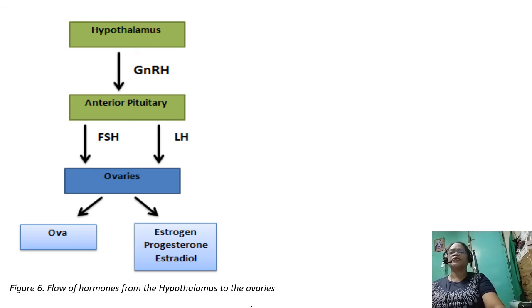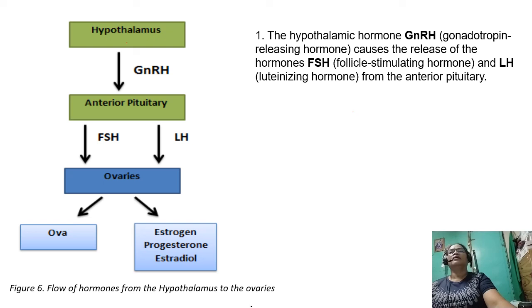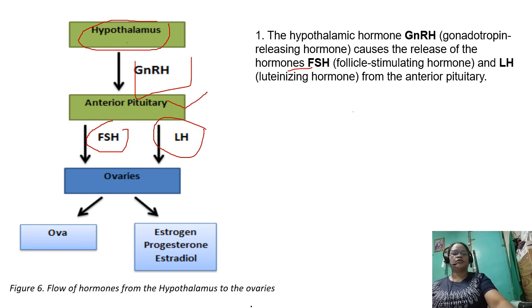Let's look at figure number 6, which is the flow of hormones from the hypothalamus to the ovaries. The hypothalamic hormone, which is GnRH, or the gonadotrophin-releasing hormone, causes the release of hormones FSH and LH from the anterior pituitary.